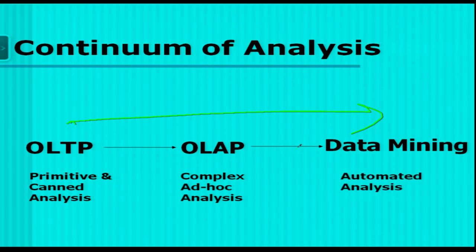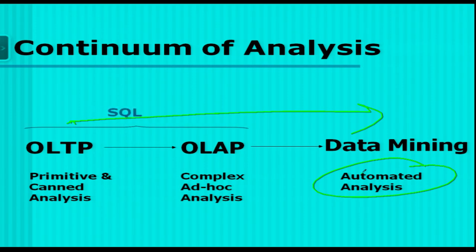And then in data mining it is automated, but as I told you, automated is not the right word to explain this. It is like you need to know what you're trying to do, and then you have some data mining algorithms which would run against the data and try to give you what you're looking for. And when you are dealing with OLTP and OLAP, you are dealing with SQL.